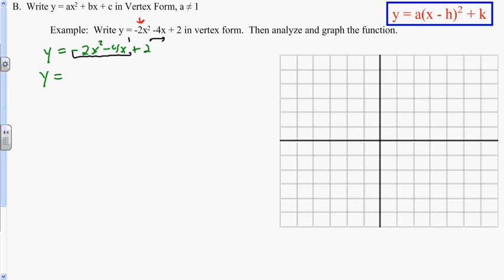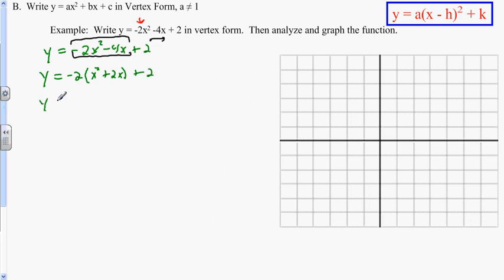Again, this piece is going to shift over, and we're going to focus on this part. We're going to factor out a -2, and then in parentheses, we'll write what we have left. That'll give us x squared plus 2x.